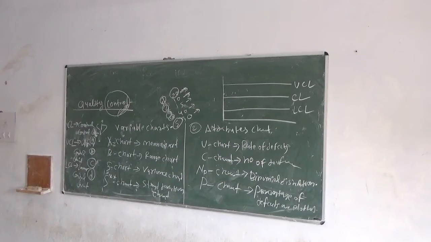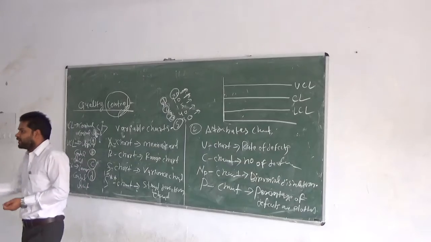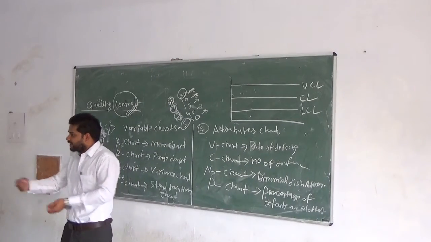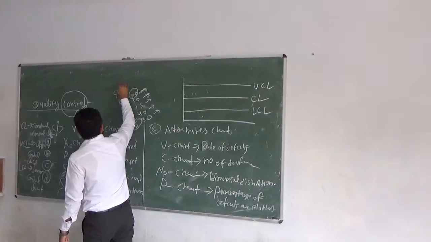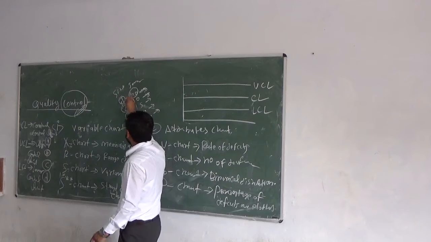Like first hour take one sample, second hour, or after half an hour, after 10 minutes, after 5 minutes, like every 5 seconds you take a sample. So on the first day, this is the serial number and this is the sample. So 20 samples in a day.